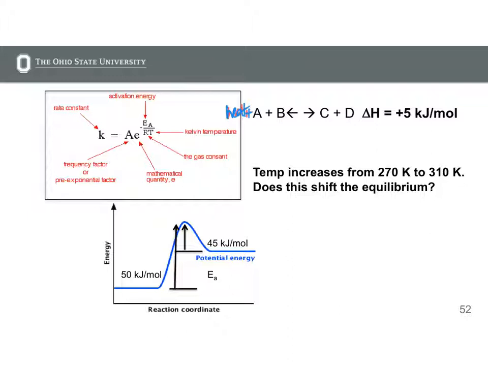Which way will it go? Towards the reactants or products? It goes towards the product side. Equilibrium shifts towards the product side.